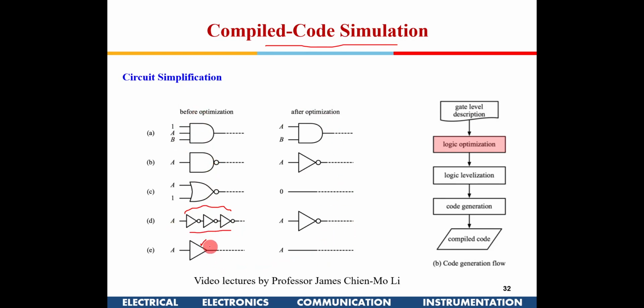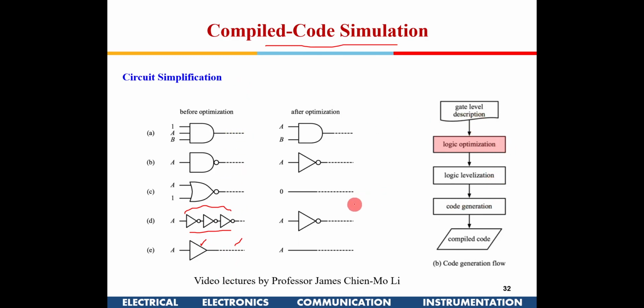This buffer may be required finally because there might be a current carrying requirement. But in compiled code simulation, I am not bothered about the timing itself. So why keep this buffer in between and delay the entire process? So I don't do this. This is known as circuit simplification, and it needs to be taken care of initially itself.